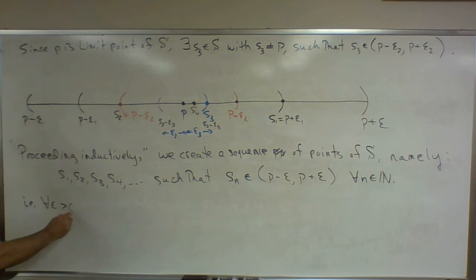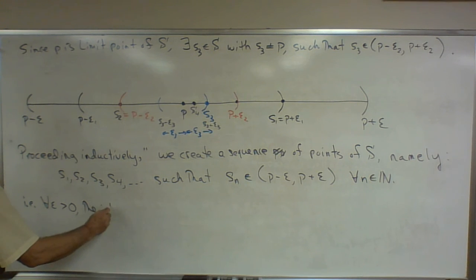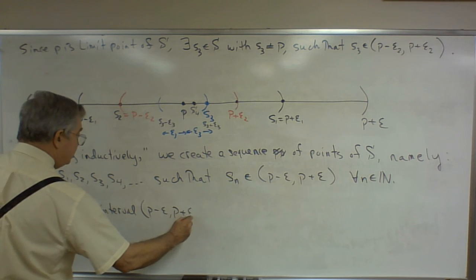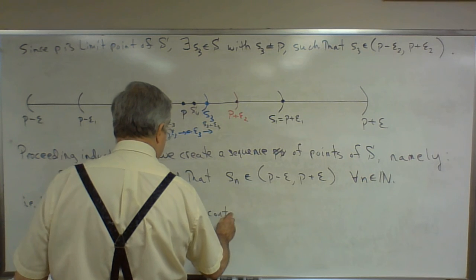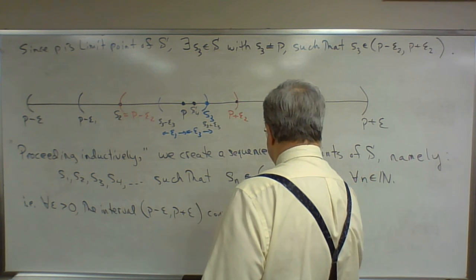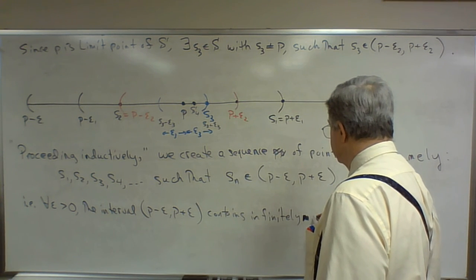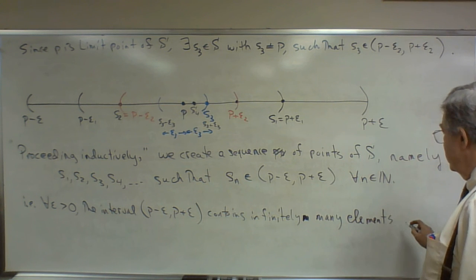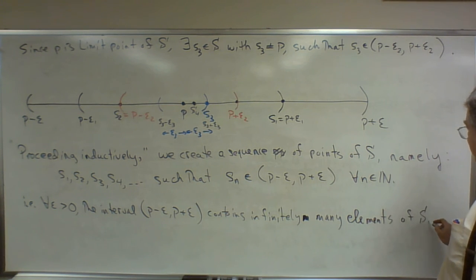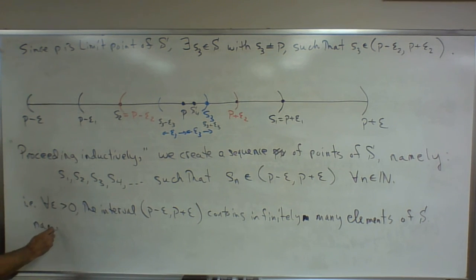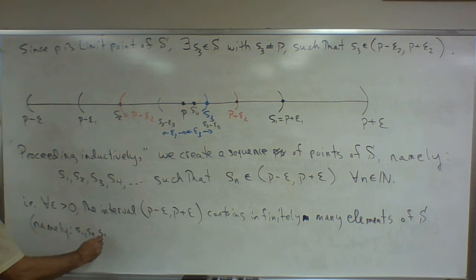For all epsilon greater than 0, the interval P minus epsilon, P plus epsilon contains infinitely many elements of S. Namely, S1, S2, S3.